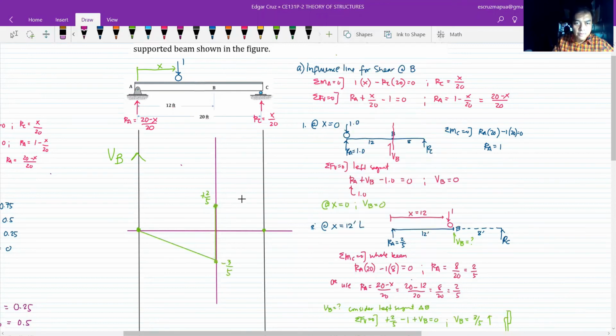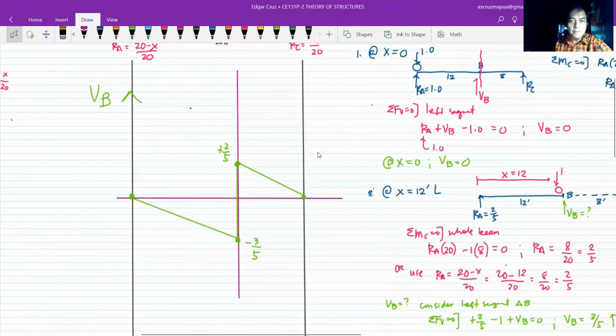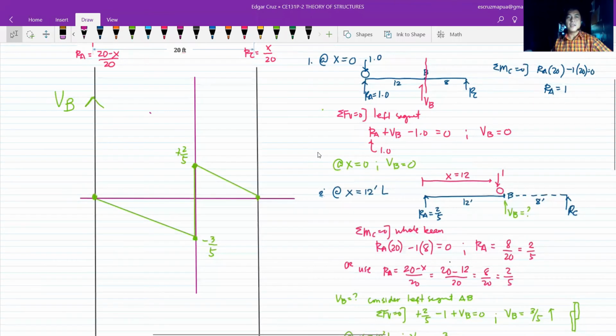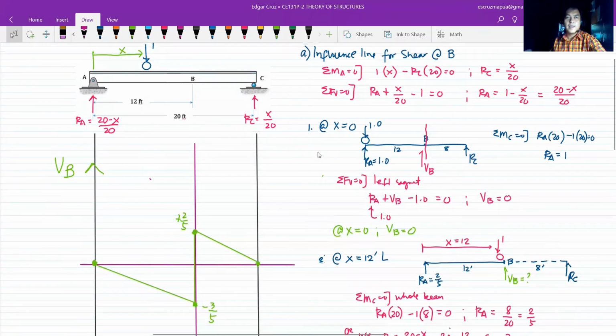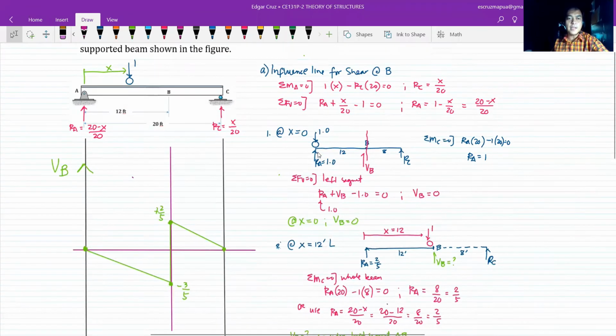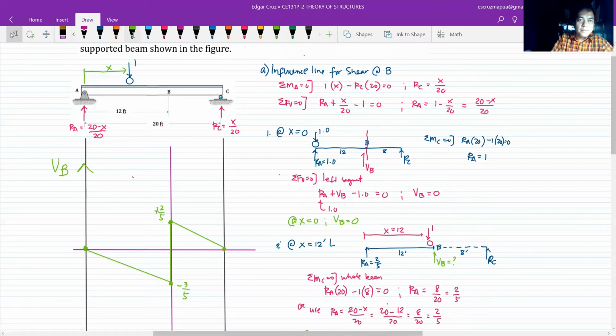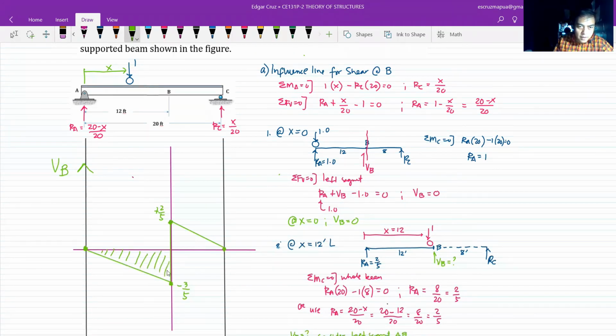Then, from there, from 2/5, nag-0. Ayan. So, yan na ngayon ang influence diagram for shear at B. So, ganyan ang itsura ng influence diagram for shear at B. Ayan. Okay? So, yan yung shear.